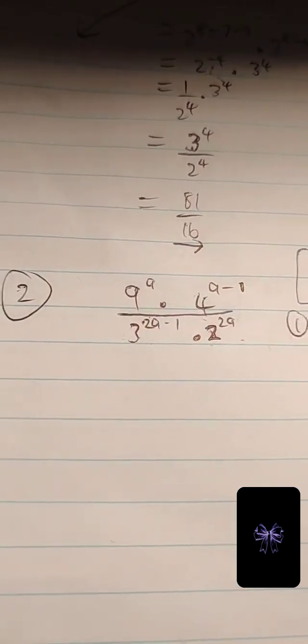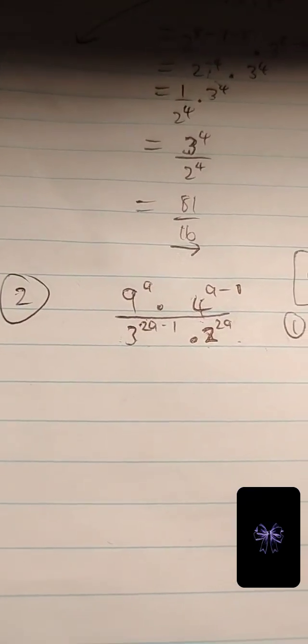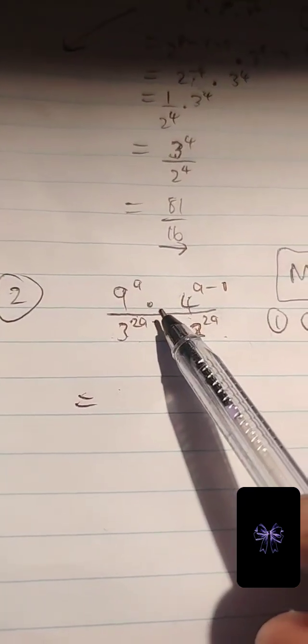So the bottom 2 are prime, but the top 2 are not prime.